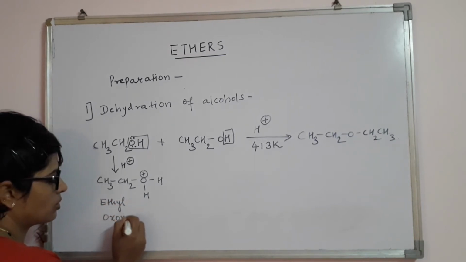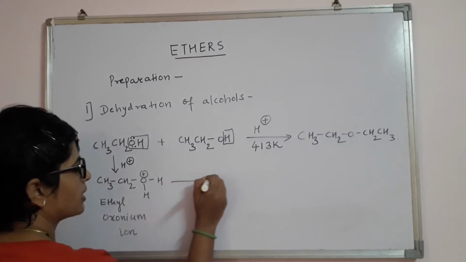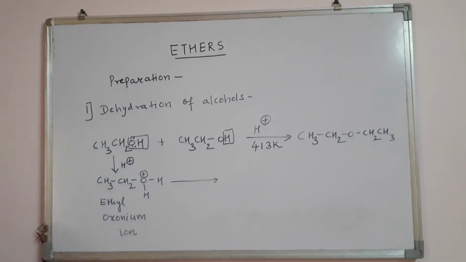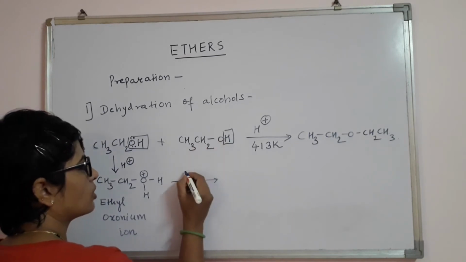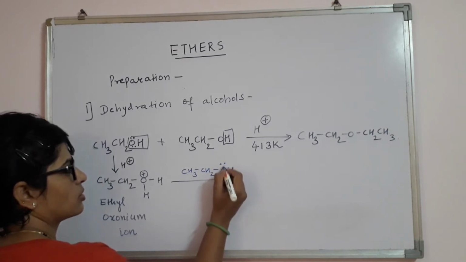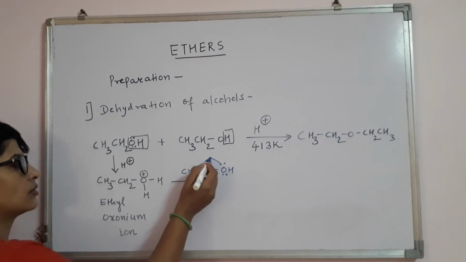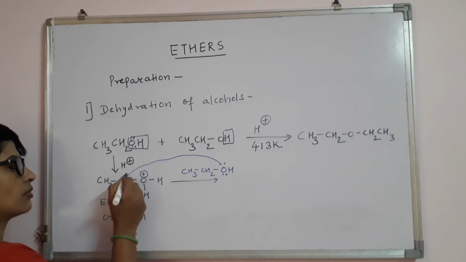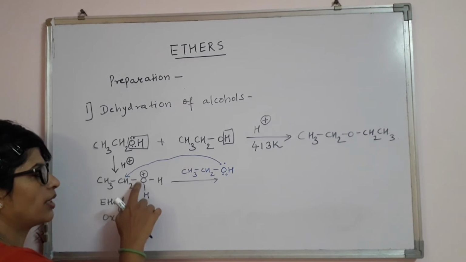Now, what will happen in the second step? In the second step, the second molecule of alcohol is ready to attack. So we will get CH3CH2OH, and this is going to attack the positive center. Now remember, the positive center will be your carbon atom and not the oxygen atom, because oxygen has already made 3 bonds.